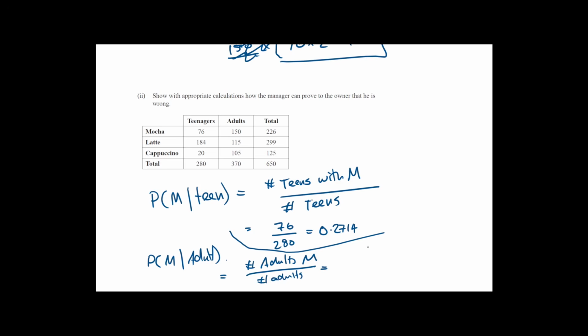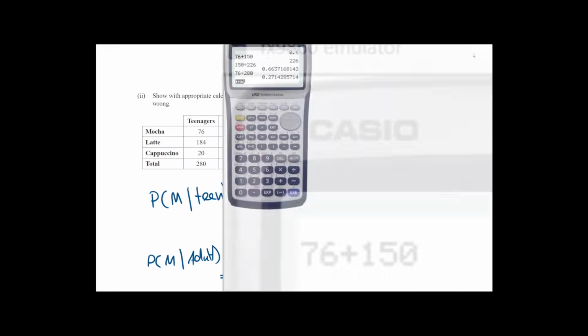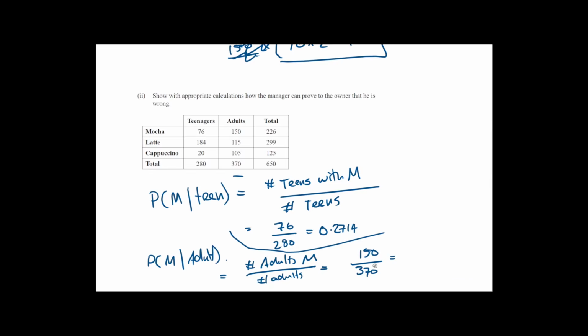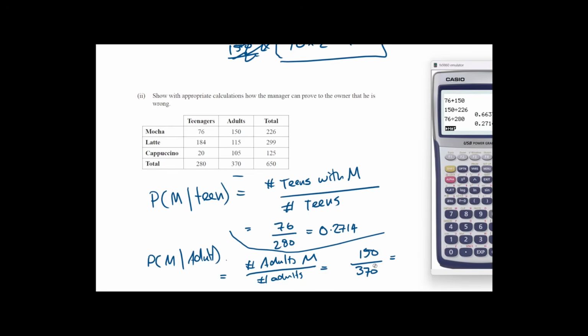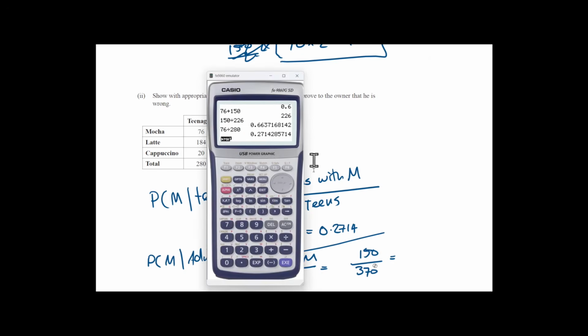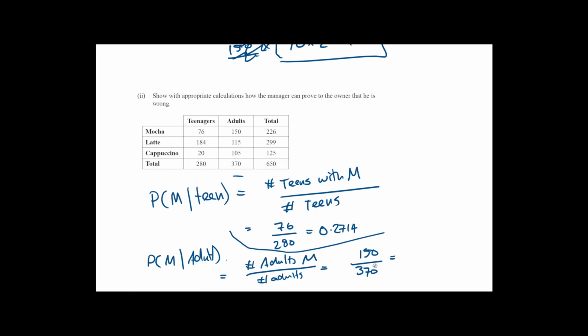So that's going to be just looking at that, 150 over 370. So it's going to be 150 over 370, which is 0.4054.